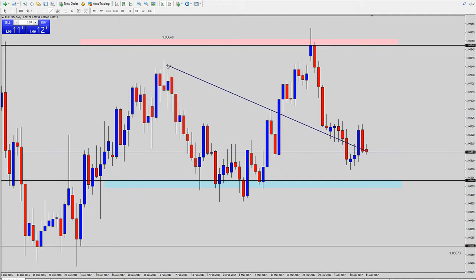But do take into account this high right here, these two highs looking left, as a countering measuring zone. Either that, or potentially even higher to the 106 zone.